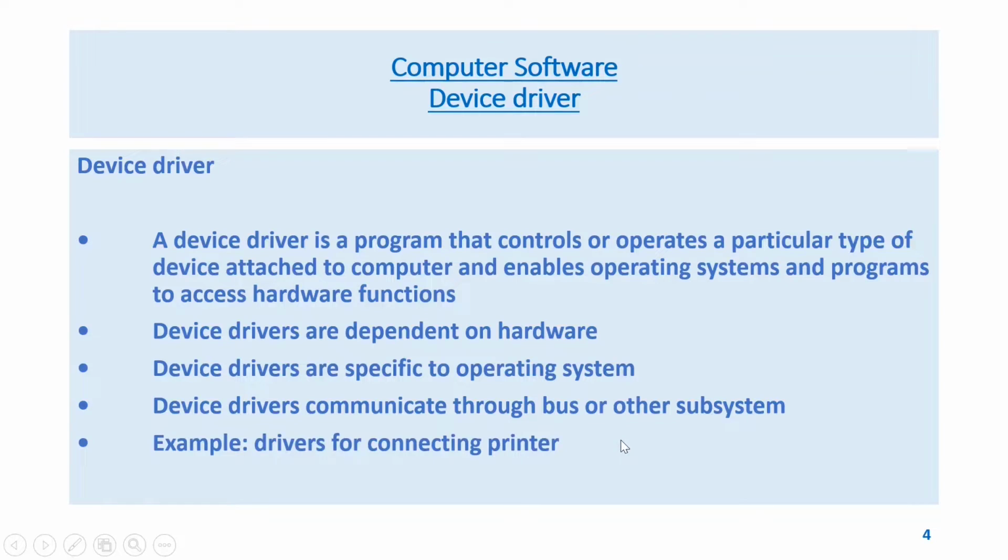Examples of device drivers are drivers for connecting a printer. So if a printer has to be attached to a computer, a device driver has to be loaded onto the computer so that you can connect the printer to the computer. And device drivers help in communicating with the printer or any other hardware device you connect to the computer.